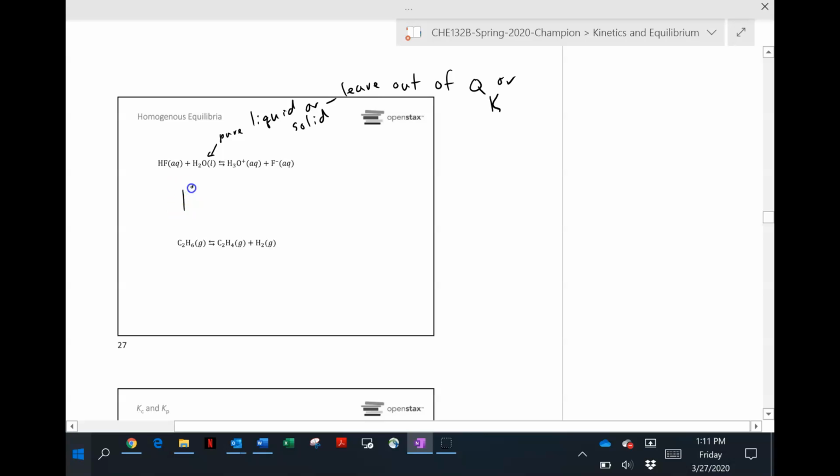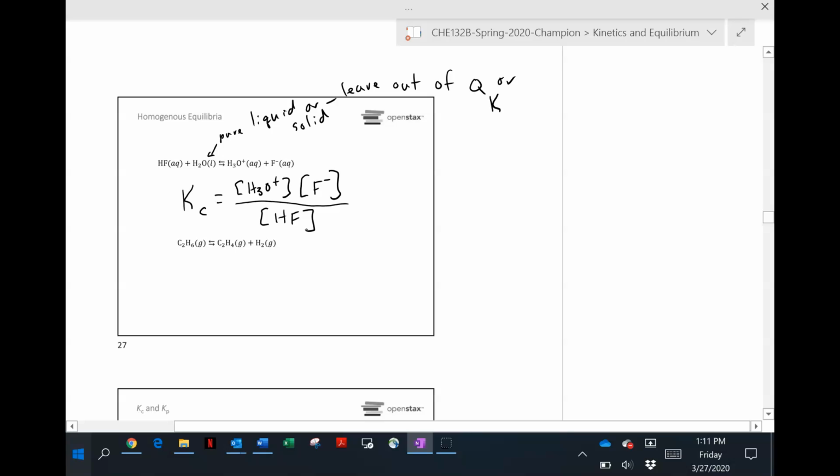So Kc would make the most sense. That's going to be H3O+, which is called the hydronium ion, times F-, the fluoride ion, both of those raised to the first because the coefficients are 1, divided only by HF. We leave H2O out because it is a pure liquid.